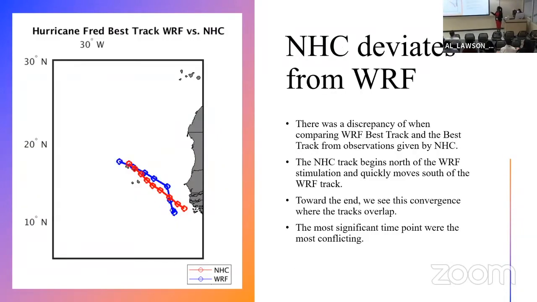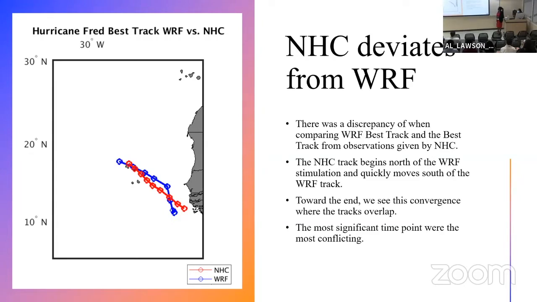The first part of our project really focuses on analyzing the poor forecast. This is simply comparing the WRF model with the National Hurricane Center's official observations. If you look at the best track, the National Hurricane Center's observations are in red while the WRF forecast is in blue. Here you can see there were some pretty notable discrepancies.